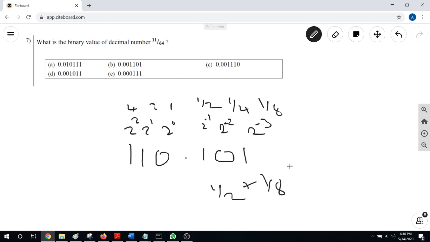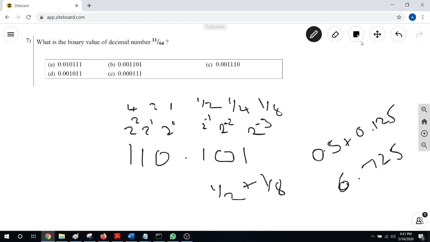If you go into decimals, that will be 0.5 plus 0.25 plus 0.125, that will be 0.875. Of course the whole number part we have to calculate separately. It will be 4 plus 2, which is 6. The answer will be 6.875.